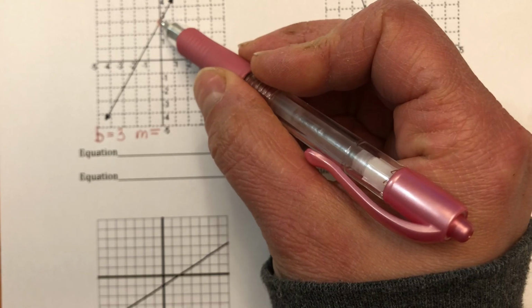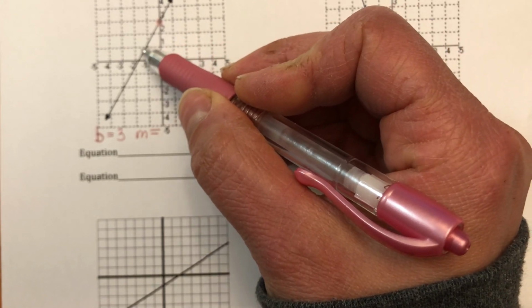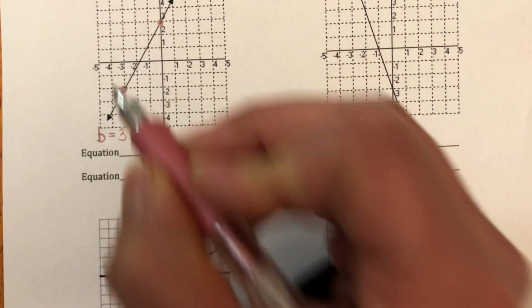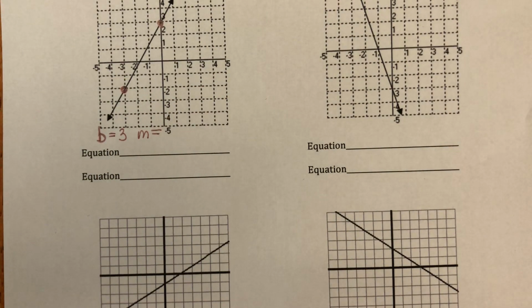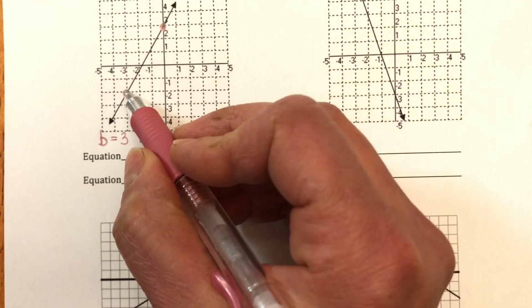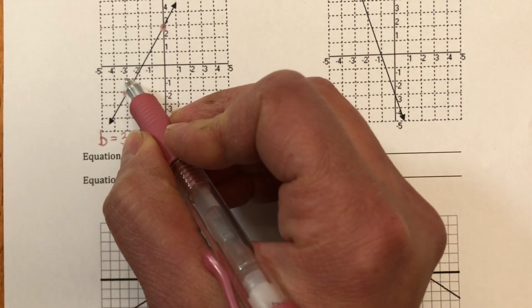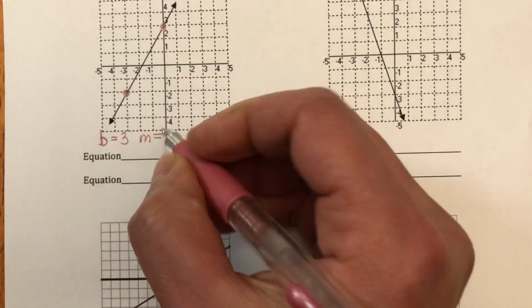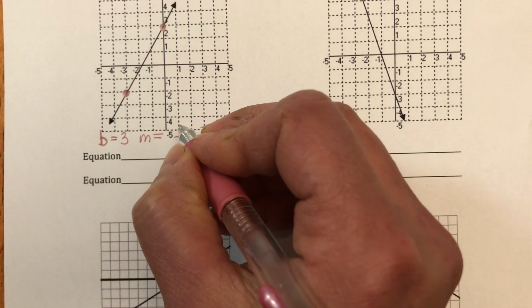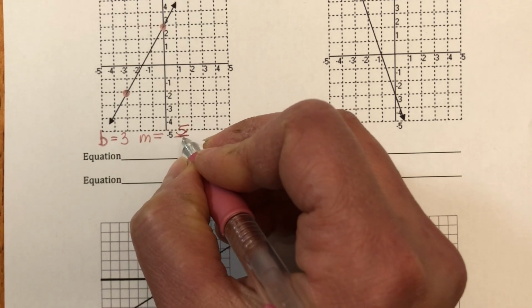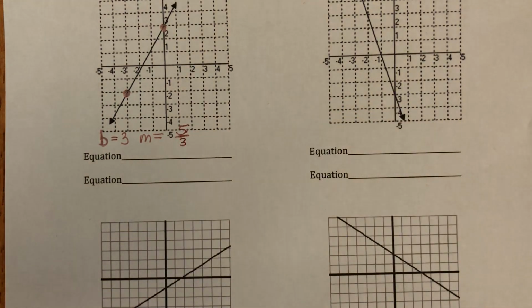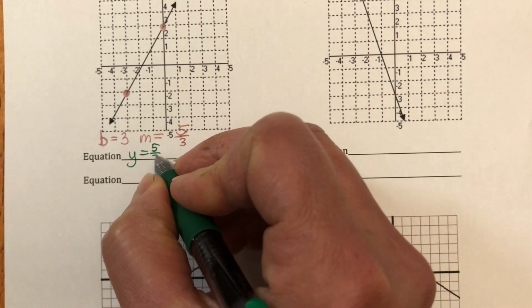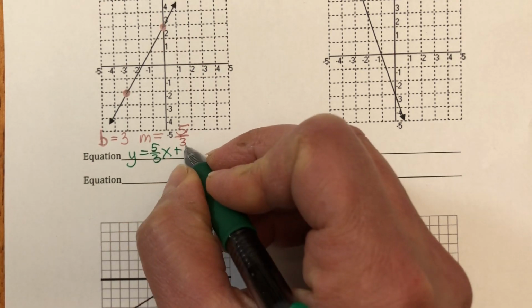So I see that this is a nice point, this is not a nice point, not a nice point, not a nice point. This point seems like a point with clear coordinates. So from here to here I count 1, 2, 3, 4, 5 up, 1, 2, 3 over. So my slope is 5/3. We said 5 up, 3 over. So knowing that, I can write the equation y = 5/3x + b, and b is equal to 3.